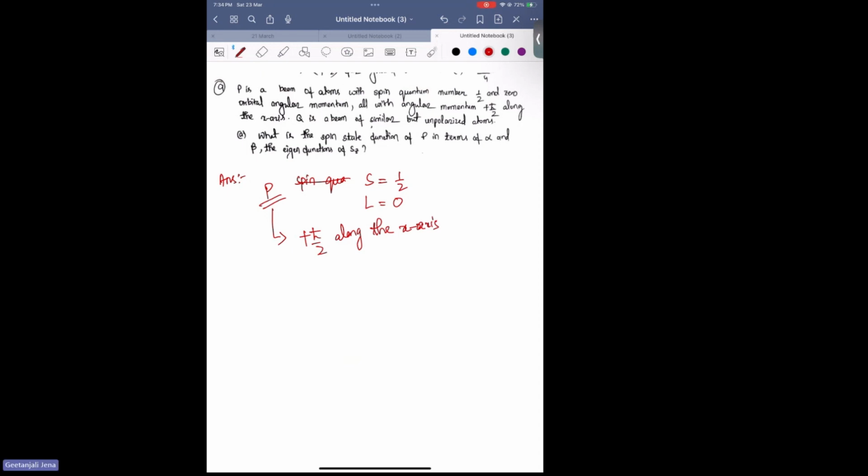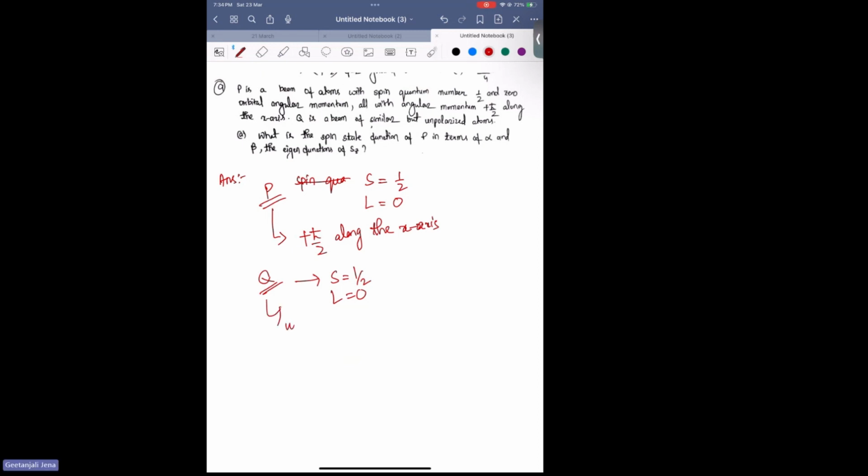Now we have another beam, Q. It is similar, that means S equal to half for this case also and L equal to 0. But it is not defined in which direction the spin is oriented, so it is a beam of unpolarized atoms.